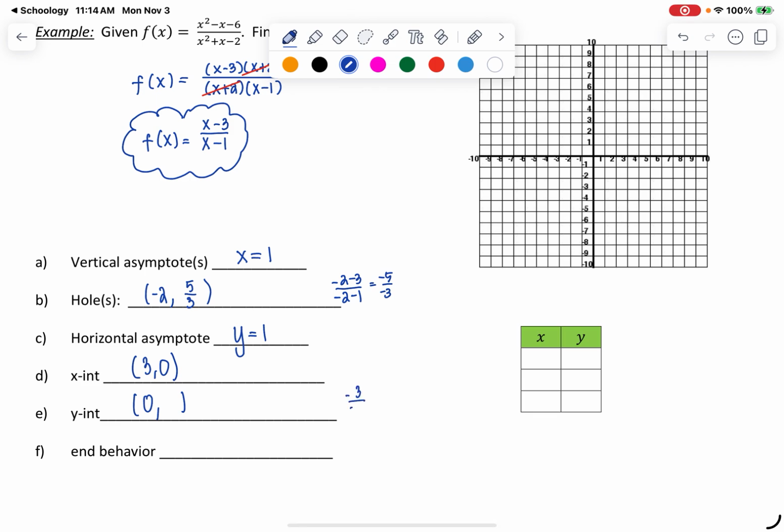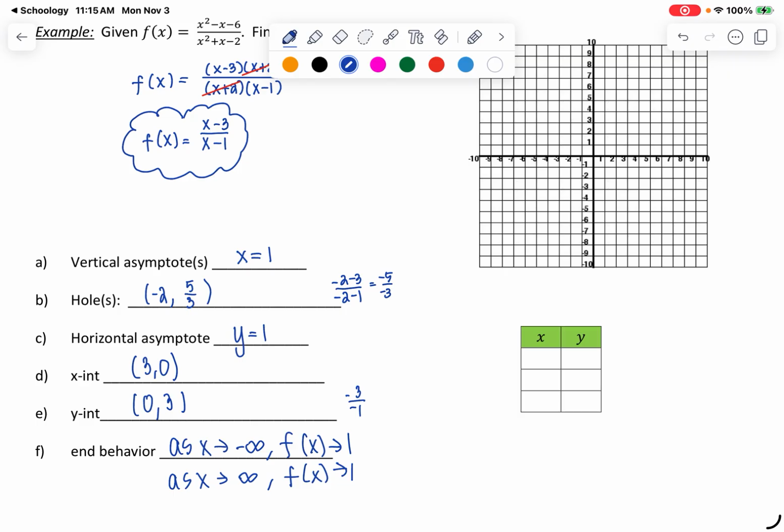We get negative 3 over negative 1, which is 3. And then our end behavior is as x approaches negative infinity, f of x approaches 1. And as x approaches positive infinity, our y values approach 1.